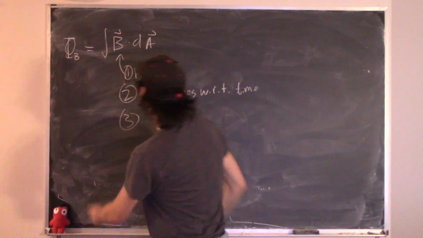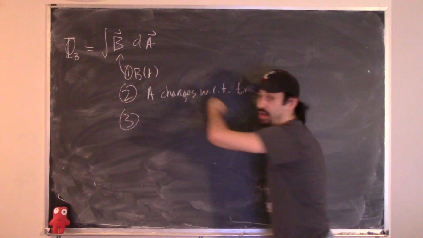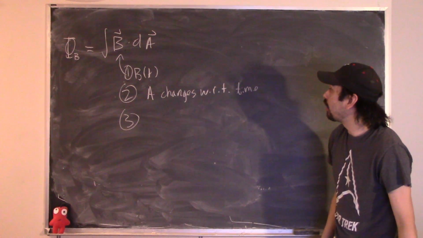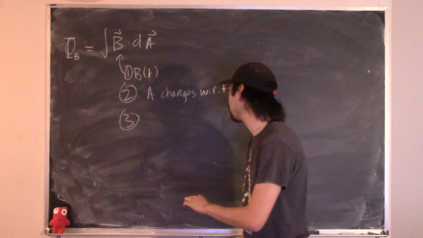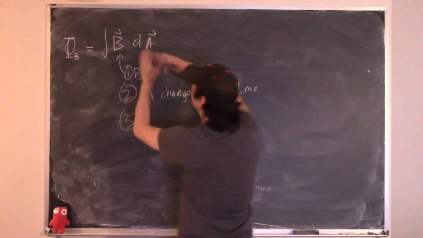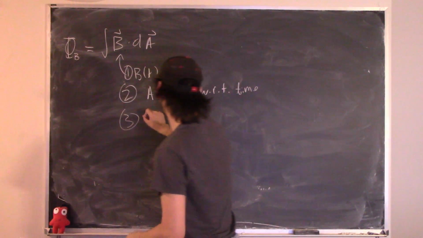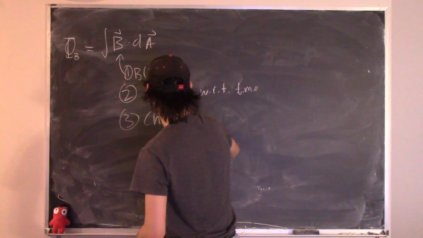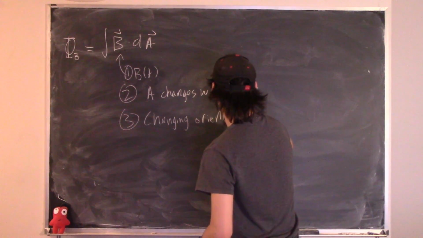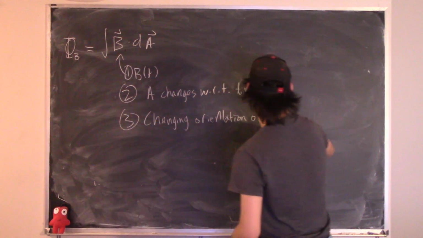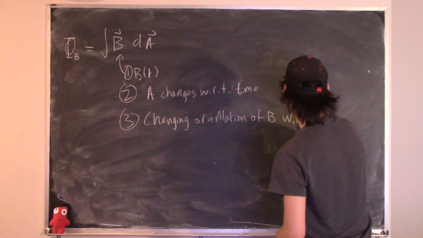The third way, we could keep the magnetic field and the area fixed in time. Well, they wouldn't change with respect to time, but the orientation of the two of them would change. So changing orientation of B with respect to A.